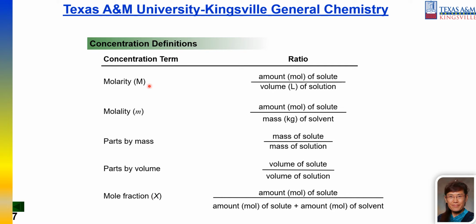In terms of the molarity, this is defined as the moles of your solute divided by the total volume of solution in liters, moles per liter. You use capital M to denote it. Your molality, smaller m, is defined as the moles of your solute divided by kilograms of your solvent.